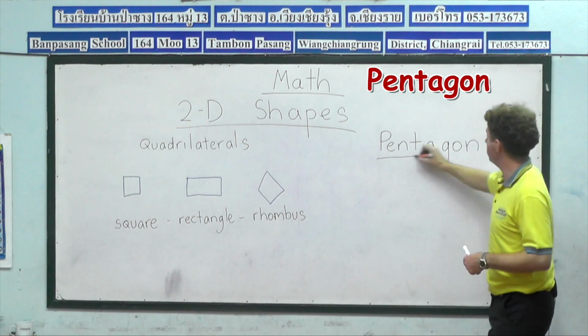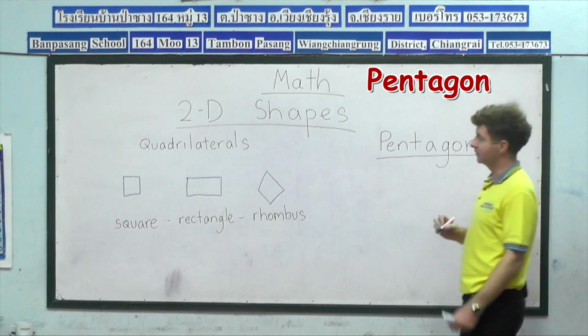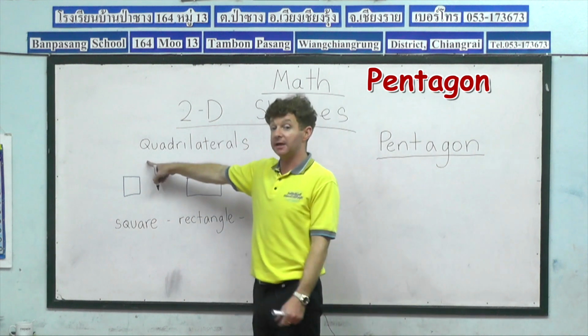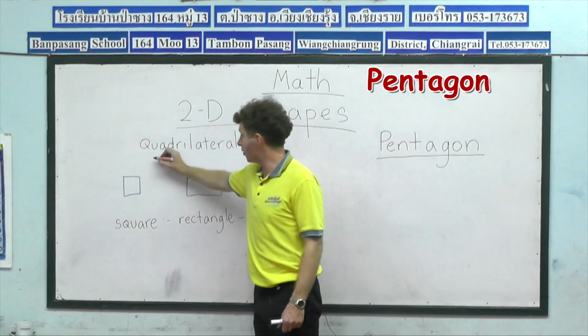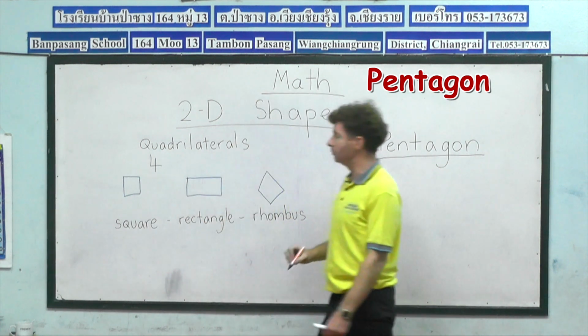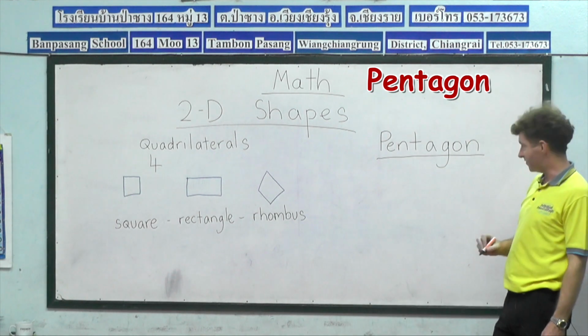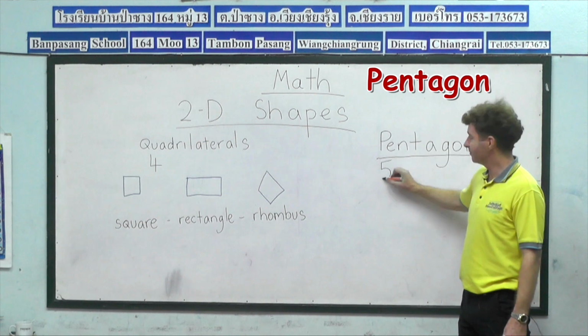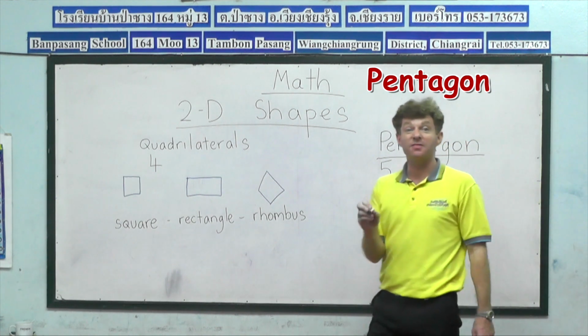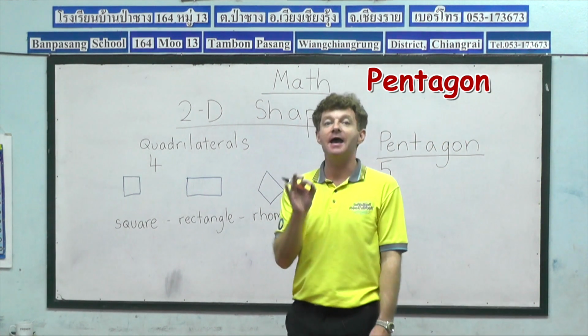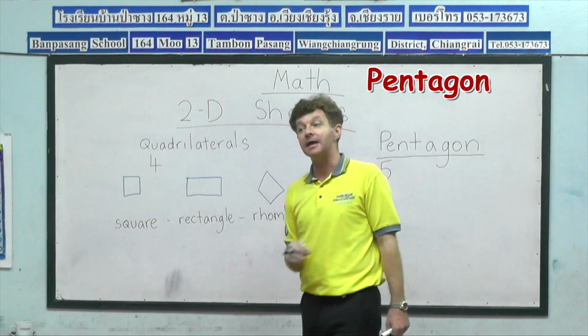P-E-N-T-A-G-O-N. Pentagon. How many does quad mean? 4. So when you see pentagon, how many should you think of? 5, okay? For example, anything that has 5 sides and 5 corners is a pentagon.